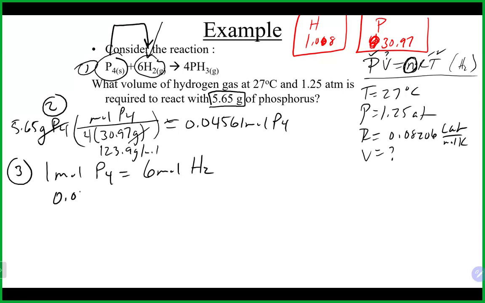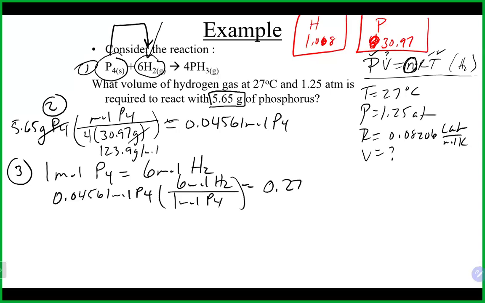We will go 0.04561 moles of P4, 1 mole of P4 to 6 moles of H2 in this case. So times that by 6, going to get us 0.2737 moles of H2. Any questions on that so far?